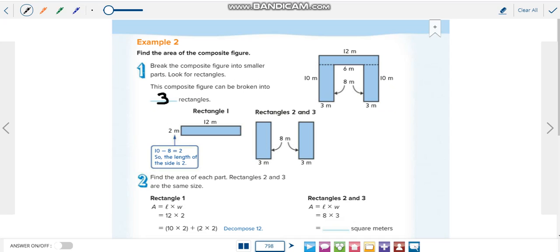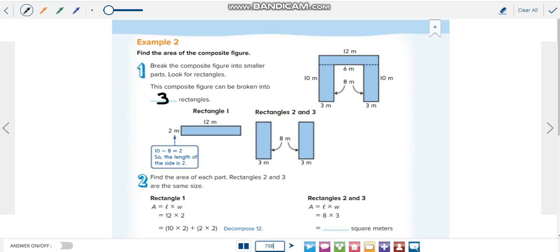The first rectangle is 12 meters and 2 meters. It tells us it's 2 meters because this side completely was 10 and we only took a little part. So the leg of this side is going to be 2, because 10 minus 8 equals 2.